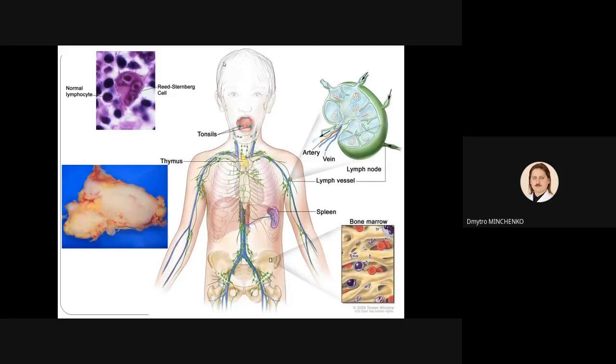One of the main diagnostic features and pathomorphological structures that appears in cases of lymphoma, more specifically Hodgkin's lymphoma, also known as lymphogranulomatosis, is the giant cells known as Reed-Sternberg cells. They're found in bioptic material from lymph nodes.